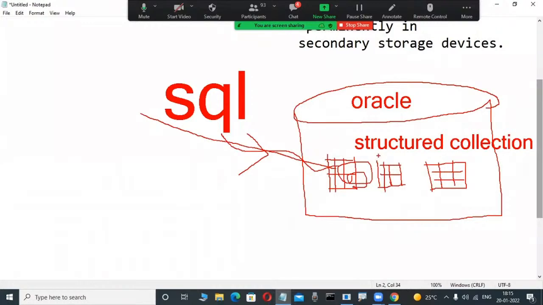But MongoDB and those types of databases are different. There is no SQL there; it uses JavaScript and similar languages. Those skills are required, but SQL is a separate language through which we operate on data in these types of databases.